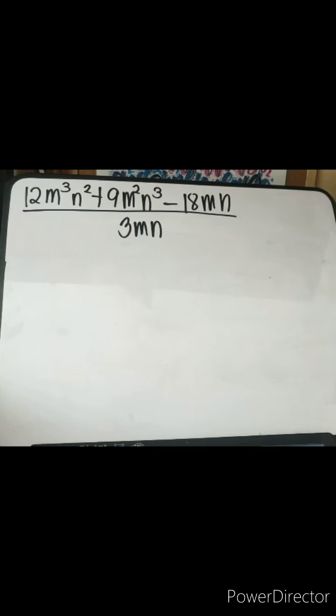This is now a division of polynomials, but this time a polynomial divided by a monomial. Kapag po magdi-divide tayo ng polynomial by a monomial, you need to divide all the terms of the polynomial by your monomial.